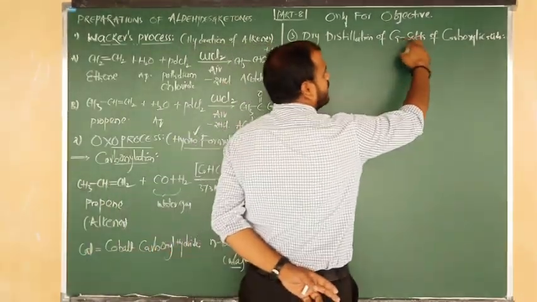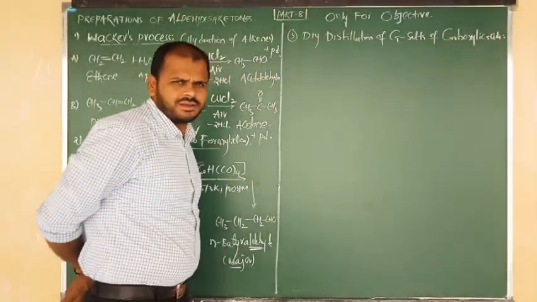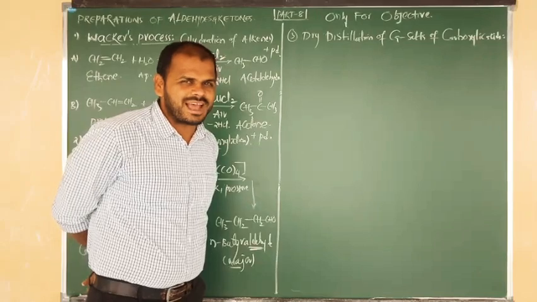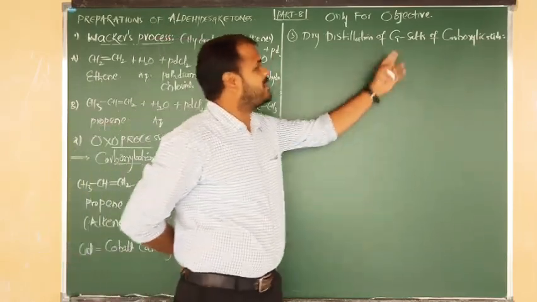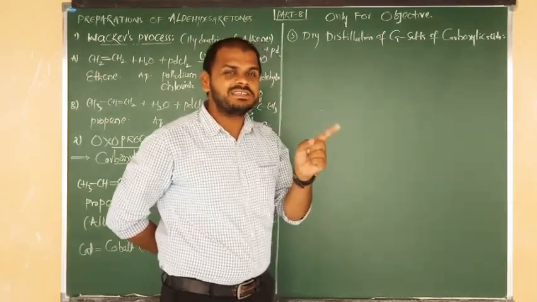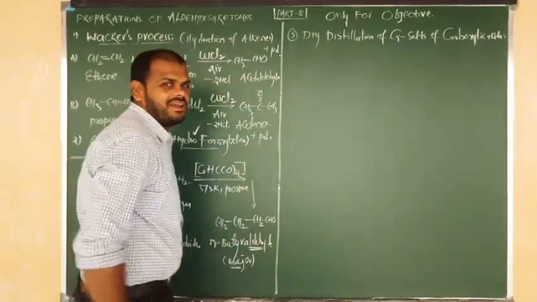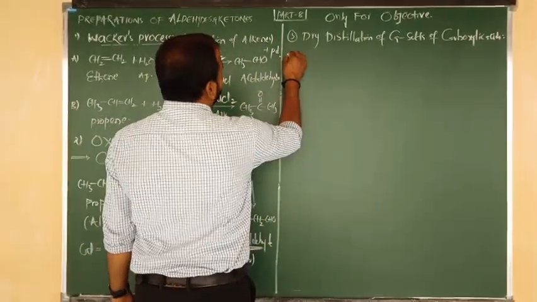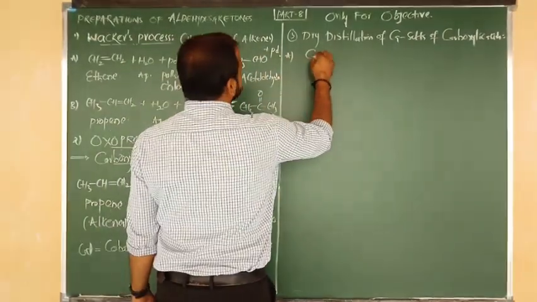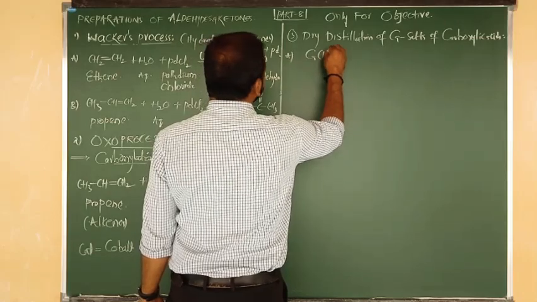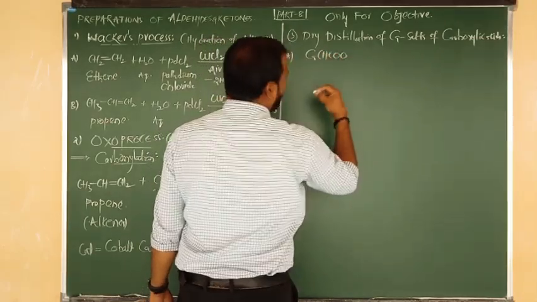First of all, we have to take the calcium salt of a carboxylic acid. Suppose the carboxylic acid is formic acid. In that, the hydrogen is replaced by calcium. That means the calcium salt of formic acid, and in short we can say calcium formate. So what is the formula of calcium formate? Ca(HCOO)2.